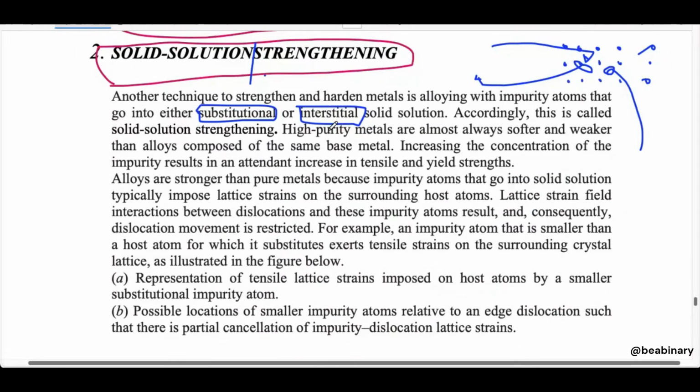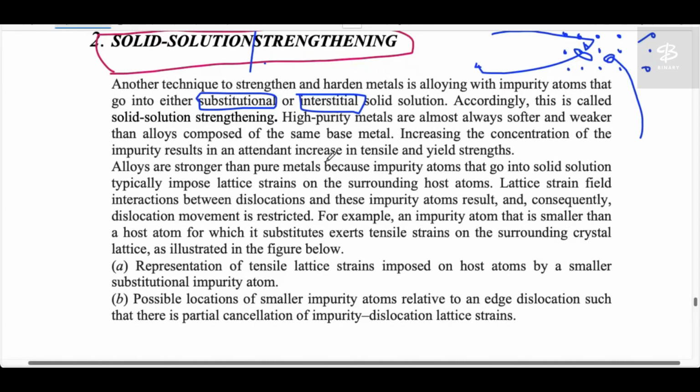It depends on the kind of application you require. If your application is to increase the strength and hardness of your material, then you can do these things. But you are compromising your material in other ways; your other mechanical properties can be compromised at the same time.